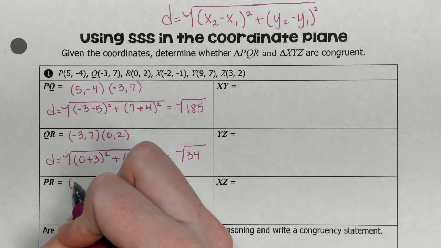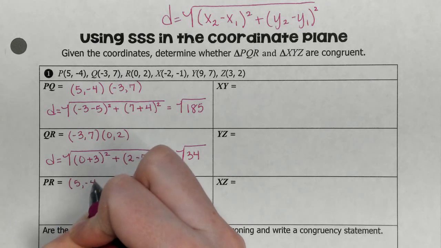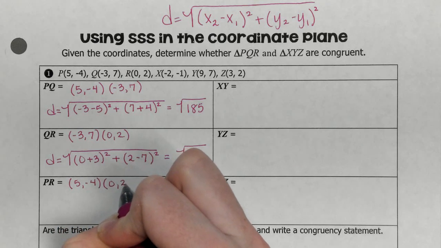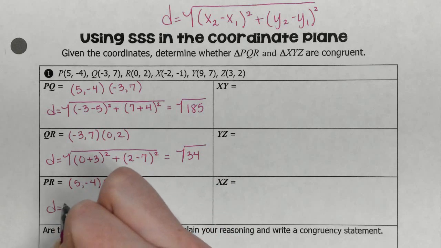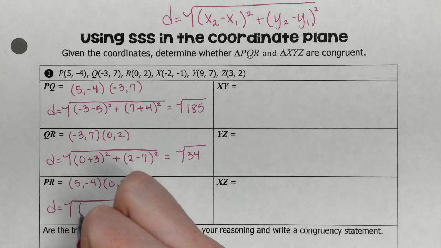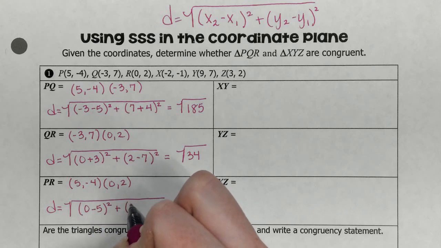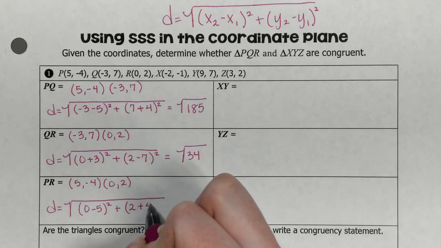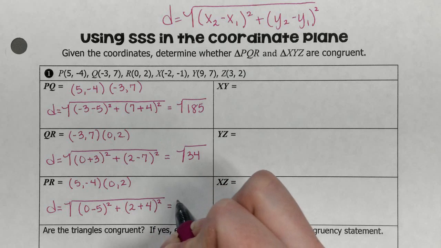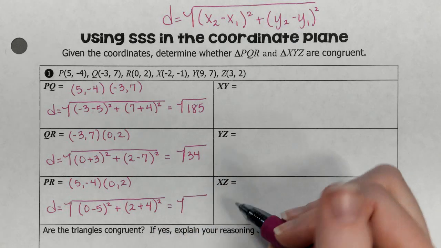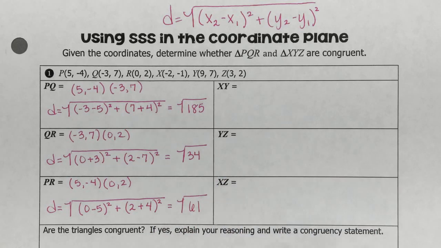And then with PR, I'm going to plug in 5, negative 4, and 0, 2. So if I plug that in, I'm going to get 0 minus 5 squared, plus 2 minus a negative 4 squared, which will turn into a positive. So you get 61 here.